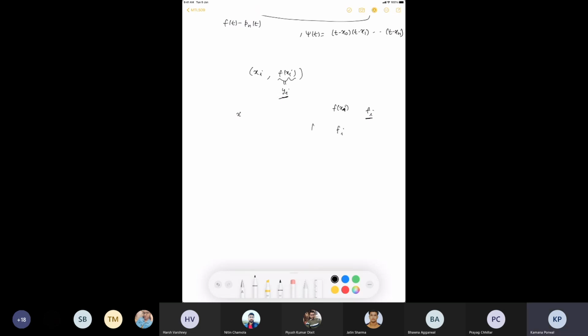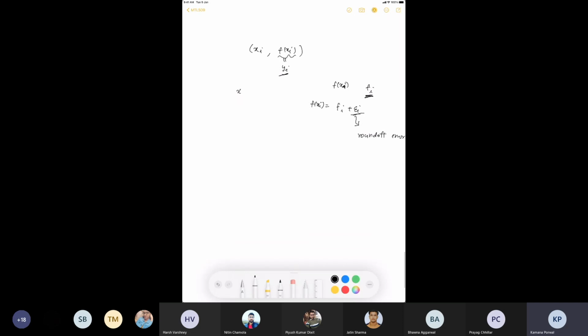You can have f of xi equal to fi plus some epsilon i, where this is coming from round-off error, right? So if you use these values to compute the interpolating polynomial, then there will be some other error also present because of these round-off errors, right? So let's try to see, just for the case of linear interpolation, how these round-off errors really affect the total error.